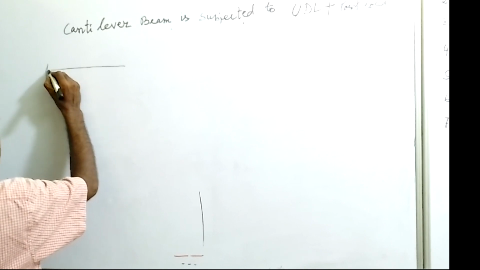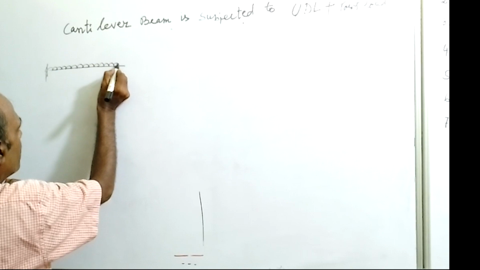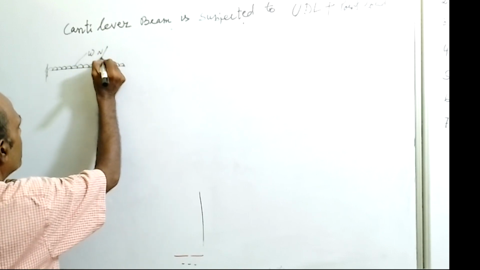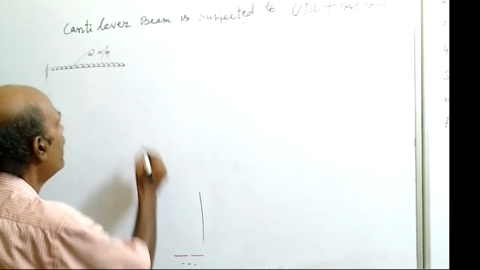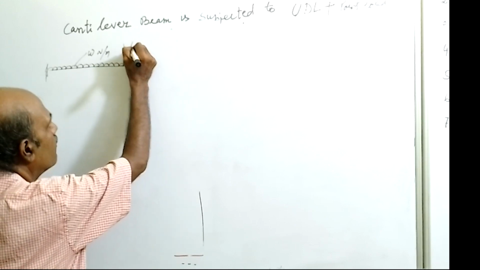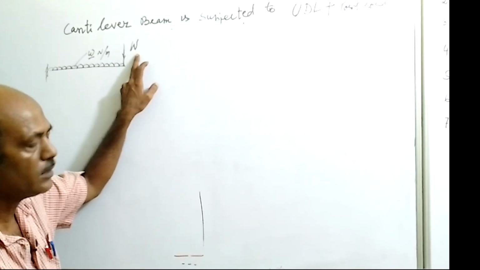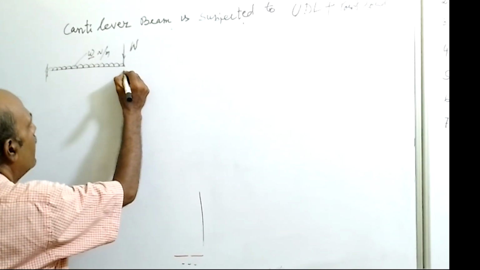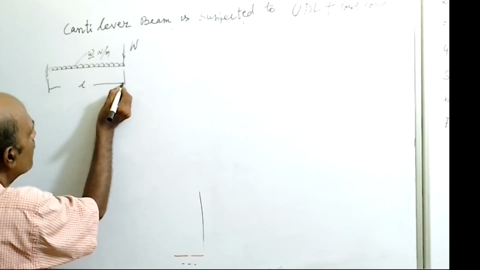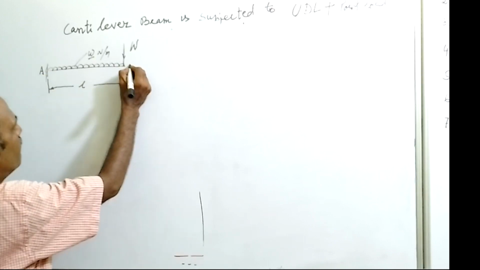It is under UDL for the whole span, that is small w Newton per meter length, as well as a point load capital W acting at the free end. Say the length of the beam is L, and we are giving the name AB.